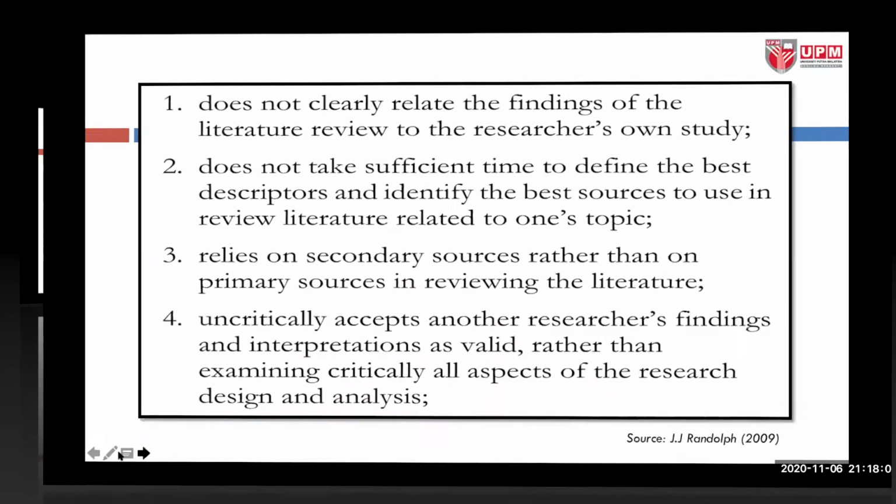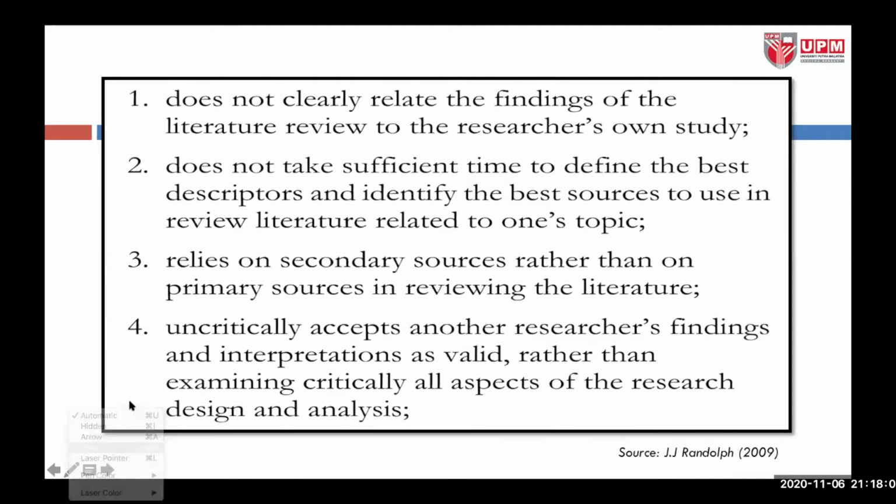The first mistake that is normally made is that the researcher does not clearly relate the findings of the literature review to the researcher's own study. This is very common. When you have your dissertation or thesis, in the literature review, students just put everything in.